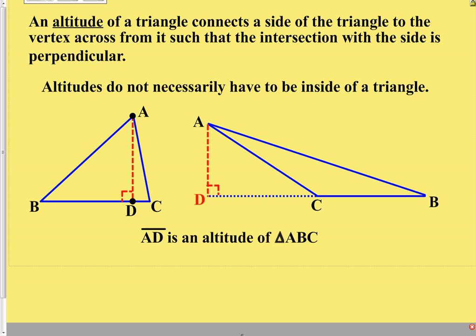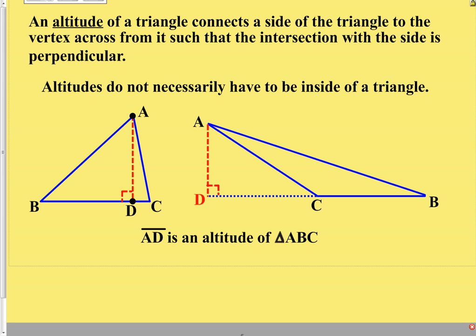It connects a vertex, in both of these cases vertex A, to the side across from it in such a way that it forms a right angle with the side that it is connecting with. Now on the left-hand diagram, obviously, it's connecting with line segment BC.